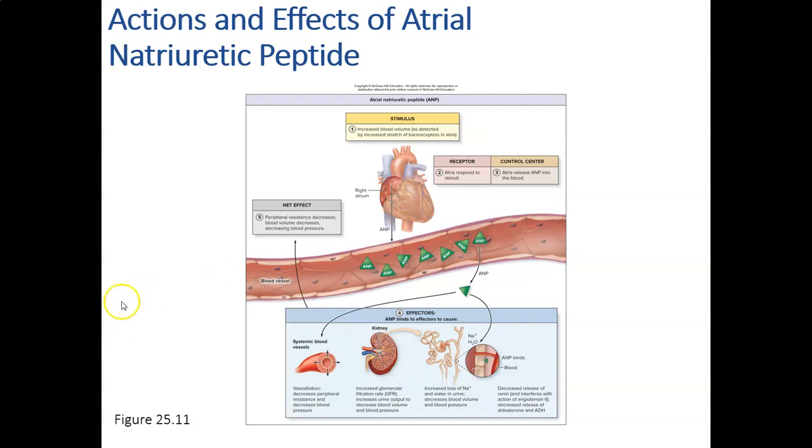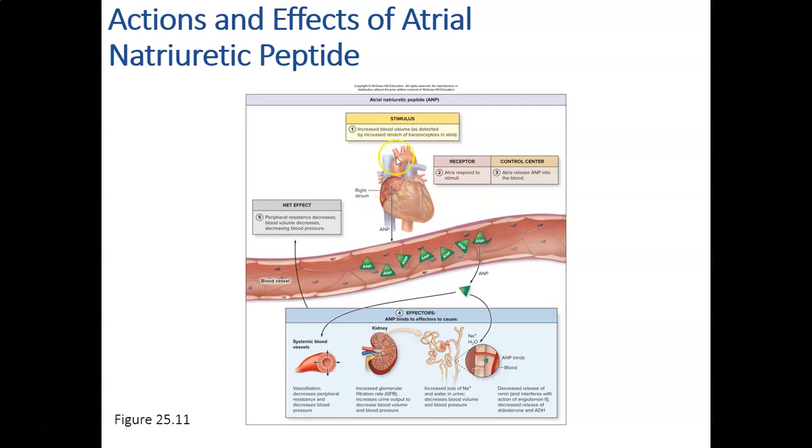Lastly, let's look at the one hormone that opposes the other three. Because there's only one hormone opposing the other three, you can see ANP also has a broad effect on different organs. So let's start with the stimuli. If you have an increased blood volume, that's a direct stimulus, right?